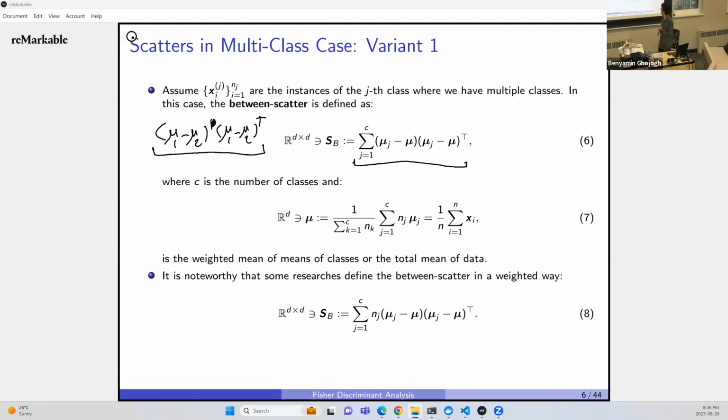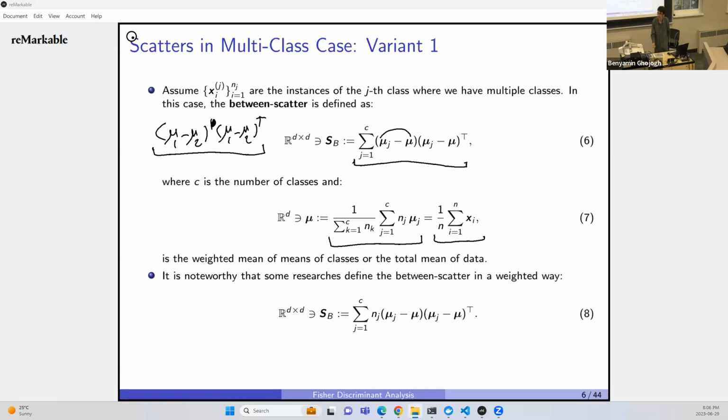I say, let me calculate the total mean, the mean of the whole data points in all of the classes. You can see it as the weighted average of the means of the classes. Then I calculate the distance of every class mean from the total mean, which is this.